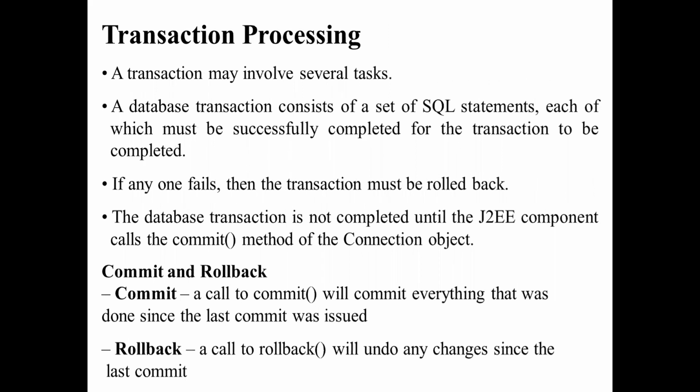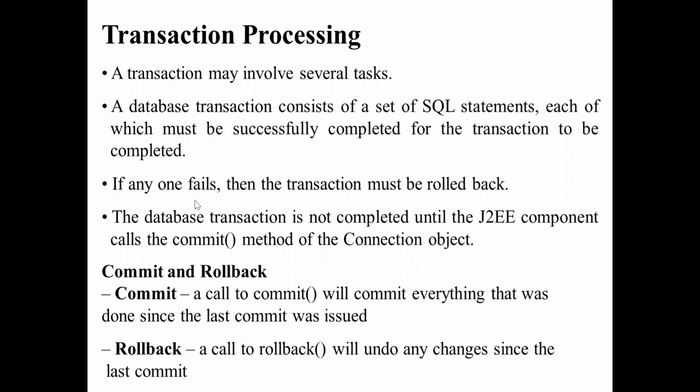And the last one is the transaction process. The transaction process involves several tasks. A database transaction consists of more than one SQL statement, and each must be successfully completed for the transaction to be completed.